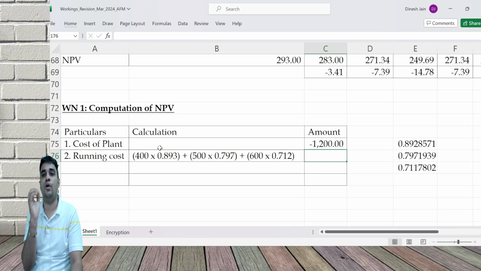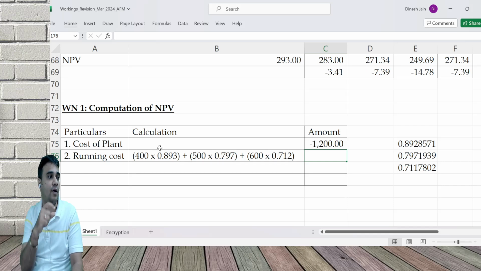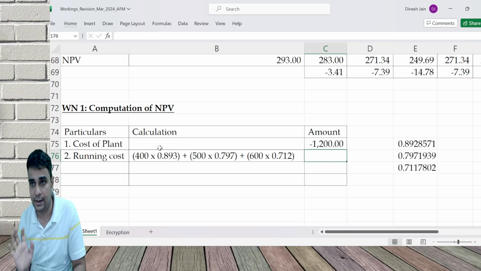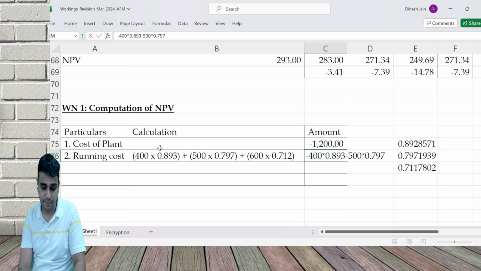What you normally do is year cash flow, PVF, DCF, where you net off the running cost and the savings. I want you to do them separately. Reason for doing separately, I'll explain. So 400 into 0.893, 500 into 0.797, 600 into 0.712.